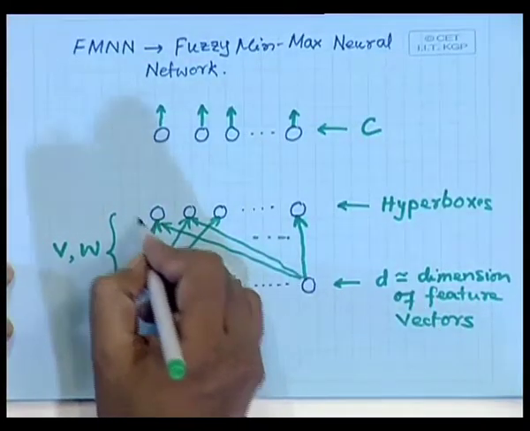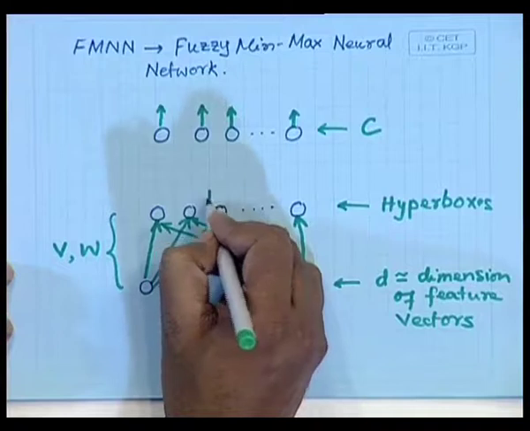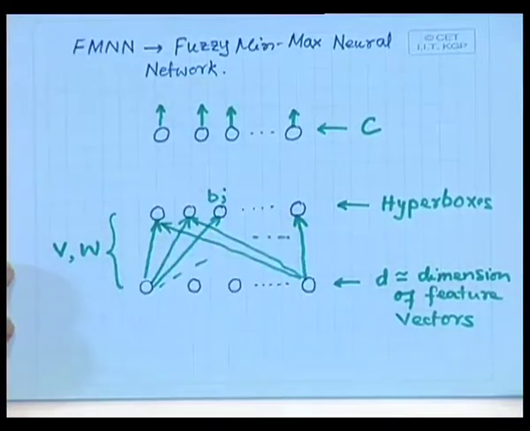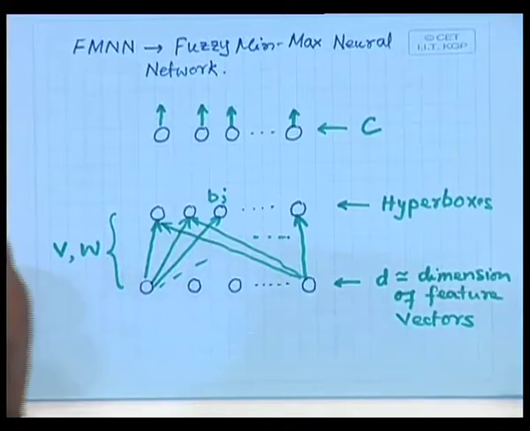So, if a hyperbox, say B j, is given the class label of class C i, then only I will have a connection from this hyperbox B j to the corresponding output node C i. Okay. And for a hyperbox which does not belong to a particular class, there will be no connection from that hyperbox to the corresponding class.